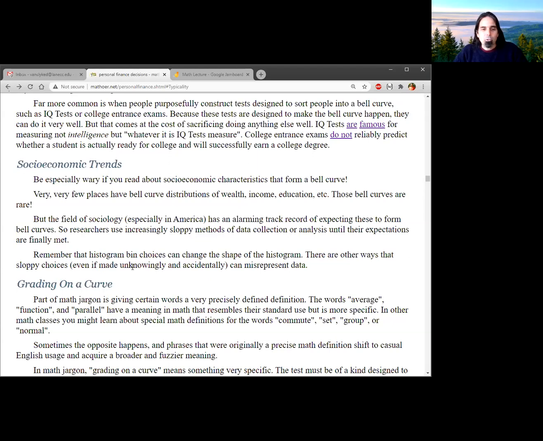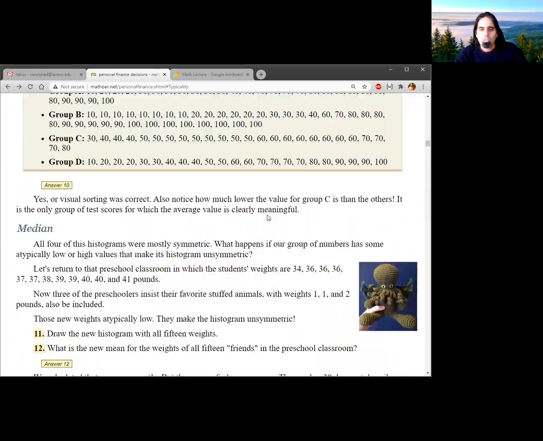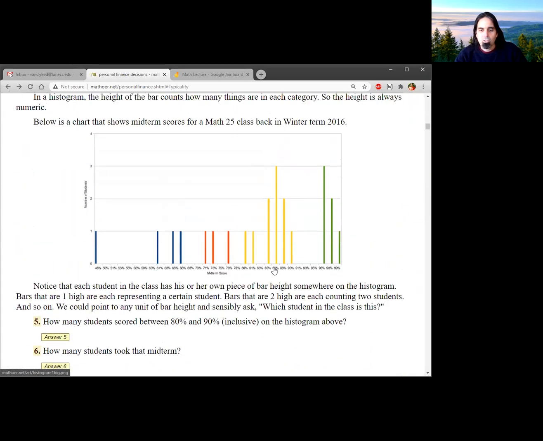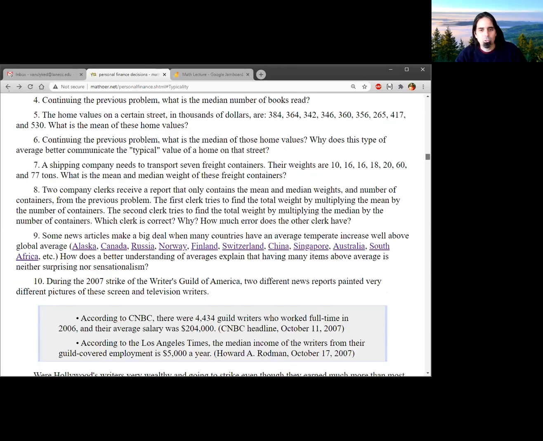And remember that if you change the bin choices on your histogram, it changes the shape. We could make it earlier look like most of my students in this test were B students, or we could change the bins and make it look like most of them were A students. So you can do things like this and maybe get the shape closer to a bell curve. That would make some researchers much happier.